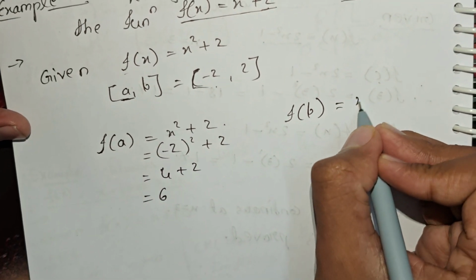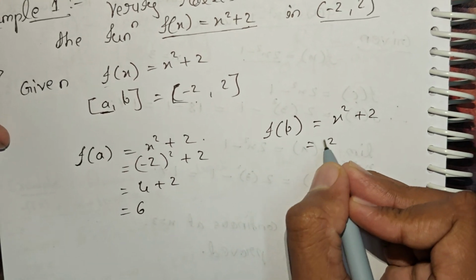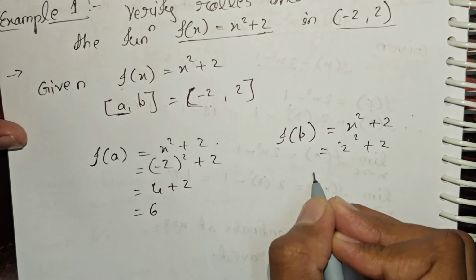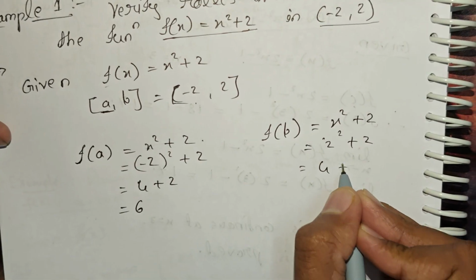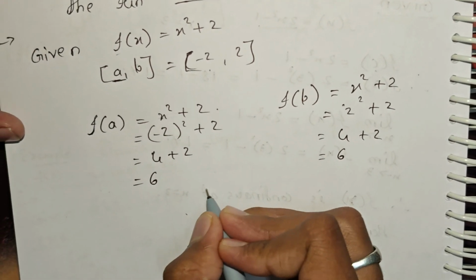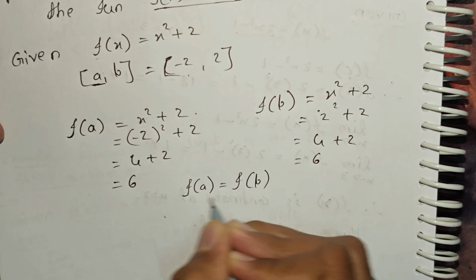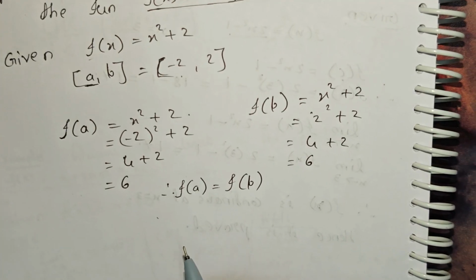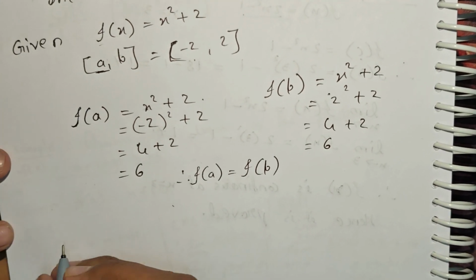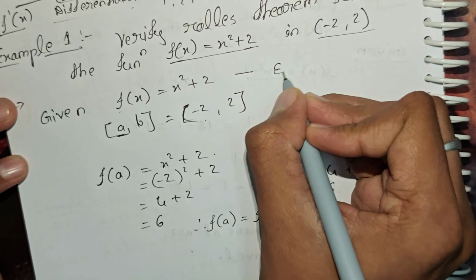In f of b, x square plus 2, the value of b is 2. 2 square is 4, plus 2 is 6. So here we get f of a equal to f of b.